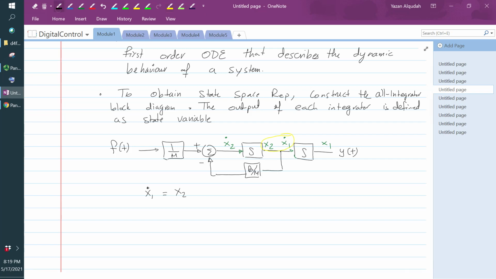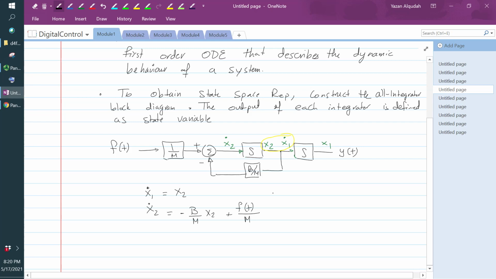And also I can write x2 dot. x2 dot is equal to, I can write it in terms of the input and in terms of the other states in the system. x2 dot here is equal to the force multiplied by 1 over m, so the force divided by m, and also it is equal to x2 multiplied by b over m with a negative sign, so minus b over m multiplied by x2.